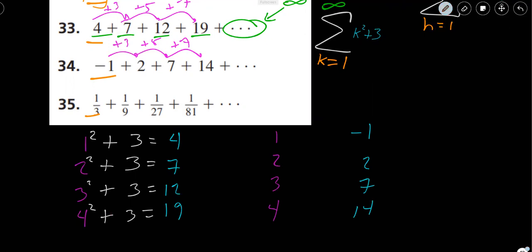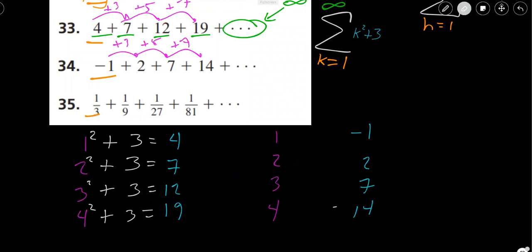If I try to do addition, that will be 1 plus -2 equals -1, 2 plus 0 equals 2, 3 plus 4 equals 7, and 4 plus 10 equals 14. That seems weird. Not a very insightful pattern that we've got there.